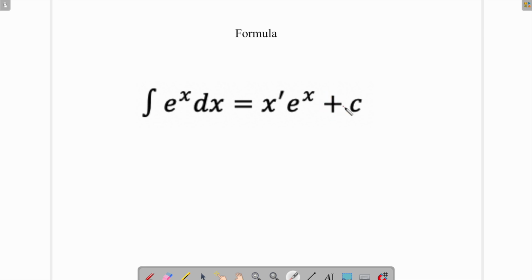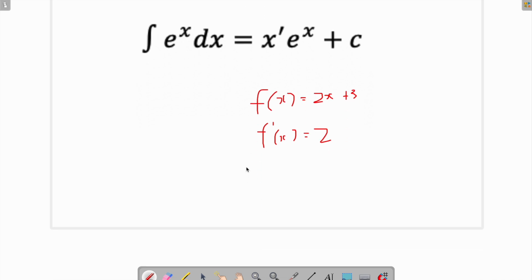And then the plus c, if you remember from last video, representing some constant because it is the reverse of differentiation. I'll just give a quick recap. Let's say f of x is equal to 2x plus 3, then f dash of x is equal to 2. But as we said, integration is the reverse of differentiation.